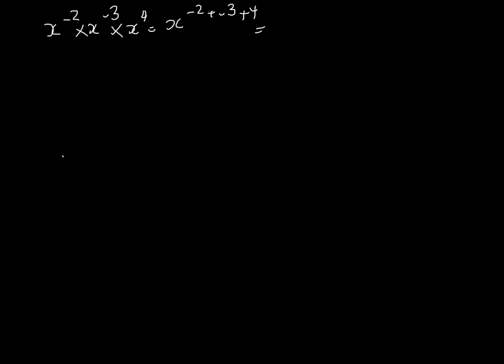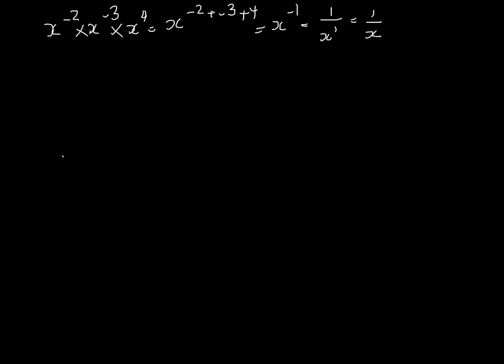Now 4 minus 3 is 1, 1 minus 2 is minus 1, so it becomes x exponent negative 1. If the question asks to express everything in positive exponents, this is 1 over x exponent 1, which is 1 over x.